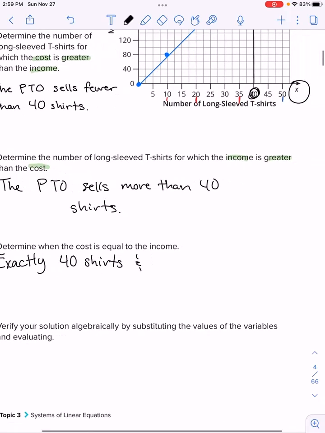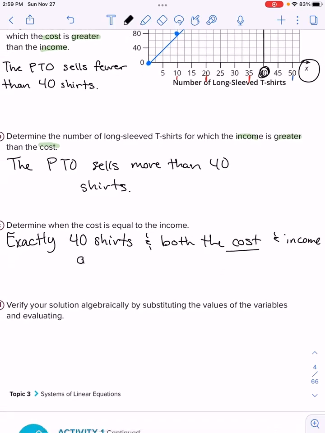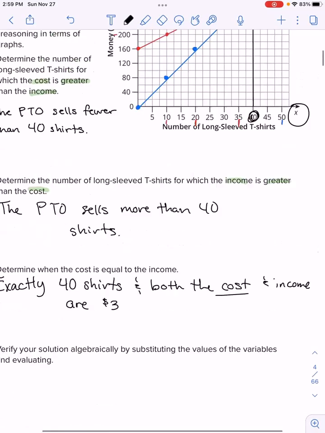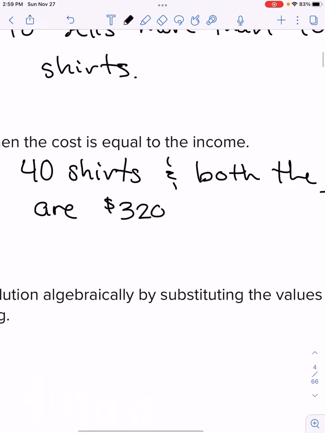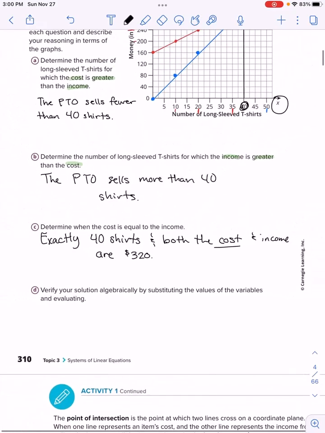And we'll say that both the cost and income are $320. That's what it's going to be for us to purchase them, and that's what it's going to be when we sell them as well. It's going to be $320 for each.